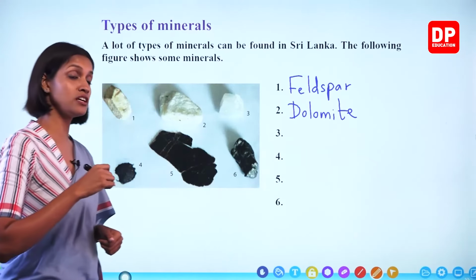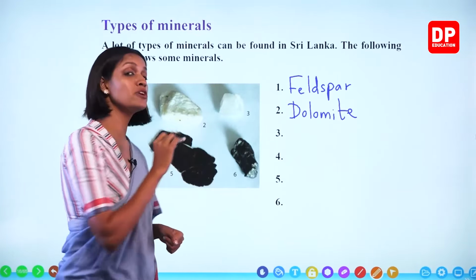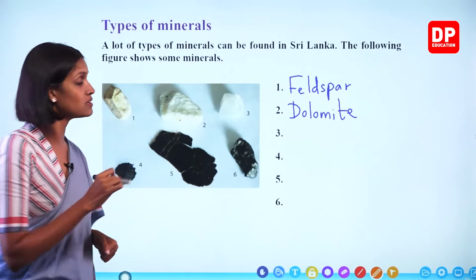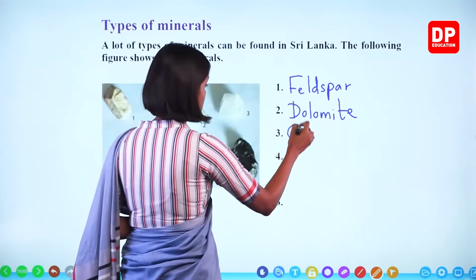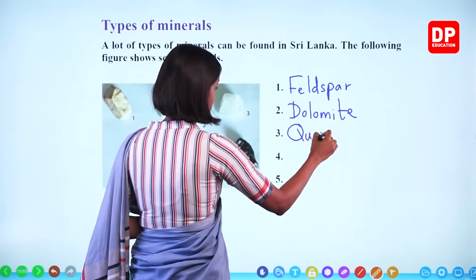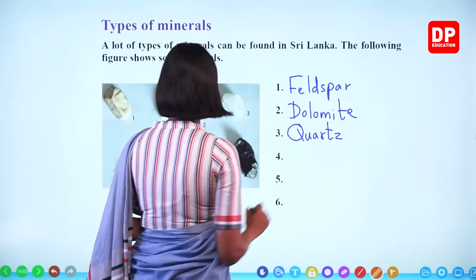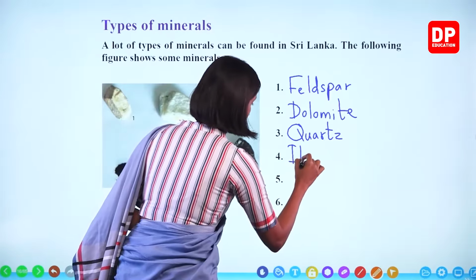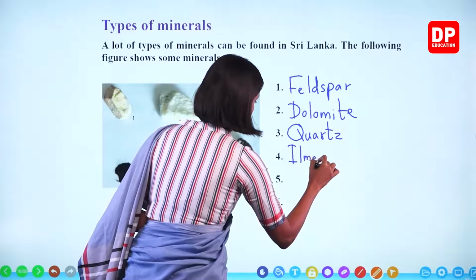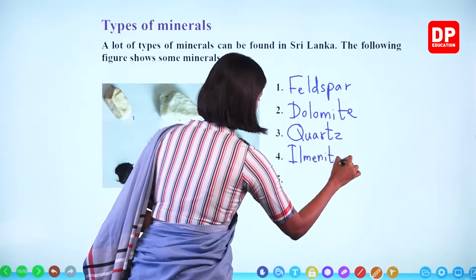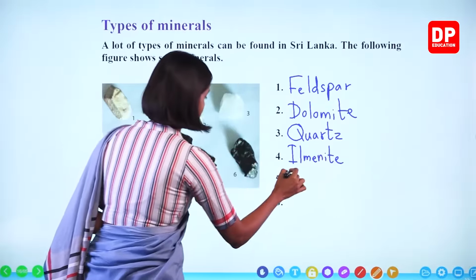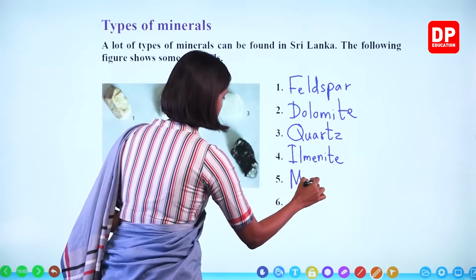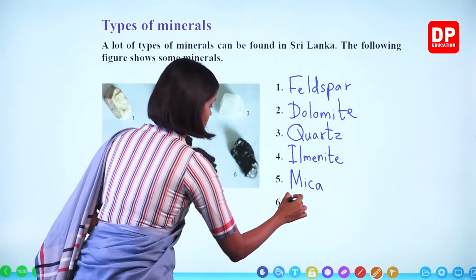This is the piece of quartz we used in the very first activity, right? Quartz, ilmenite, mica. This is graphite.